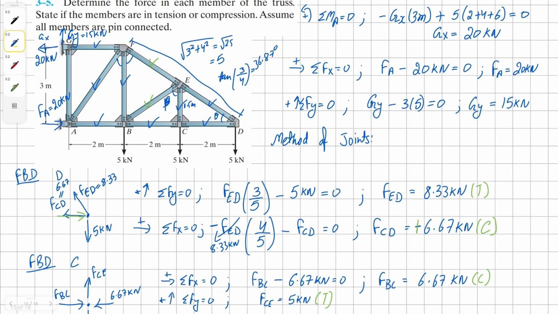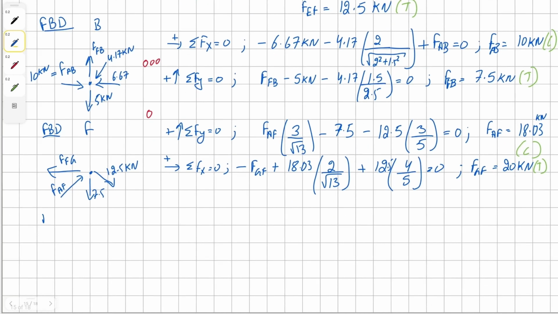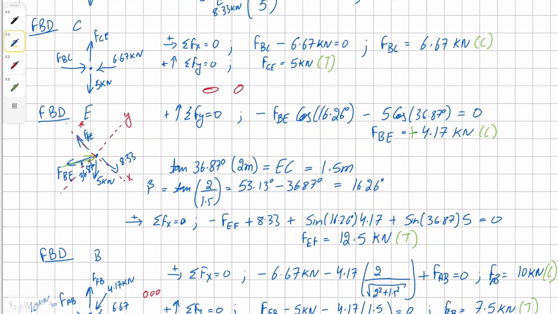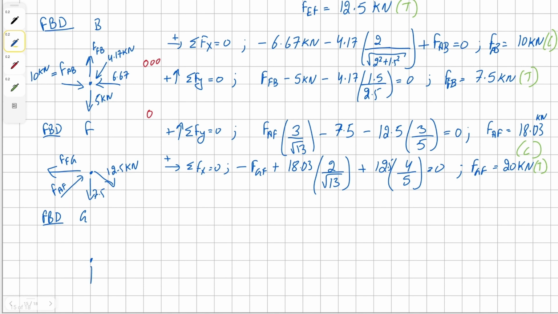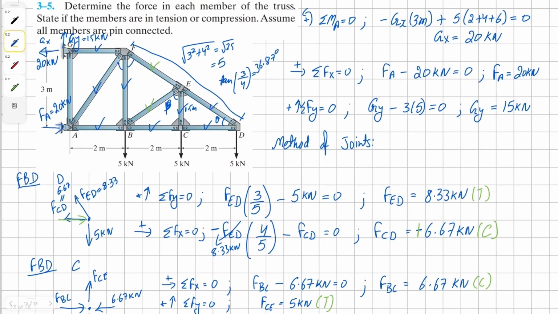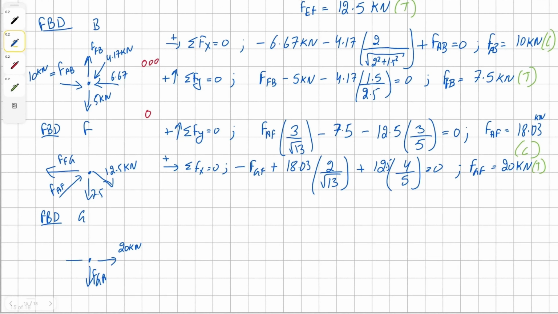The only remaining member left now is GA. To solve for GA, we can draw the free body diagram of the joint G, and this is simply going to be unknown force of member GA, recently found force of member FG, which is 20 kilonewton, and reactions of the pin.